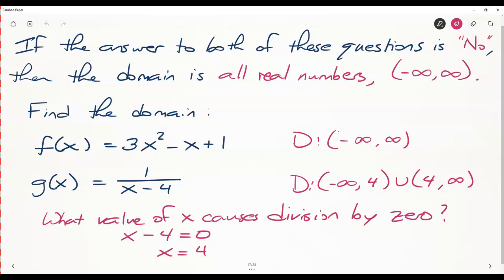All this does is it says that our domain is not this set or this set. It's the two of them linked together. They're split apart. There's a gap between them, a one value gap. So if you have division by 0, then you're going to have to remove the individual values that cause that to happen.